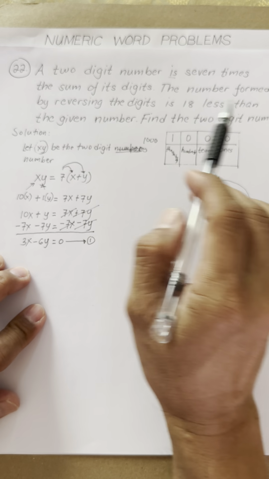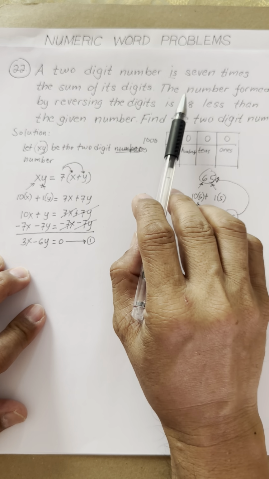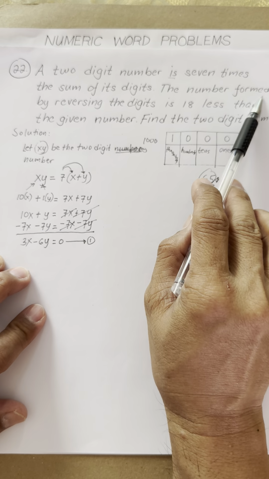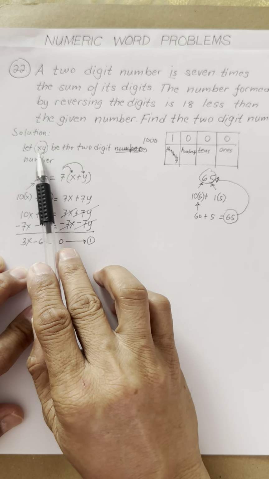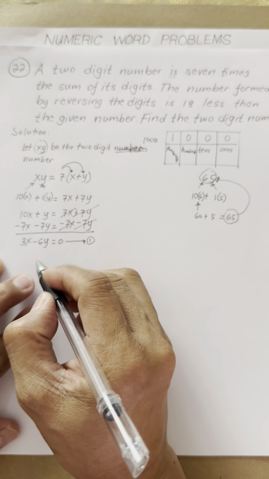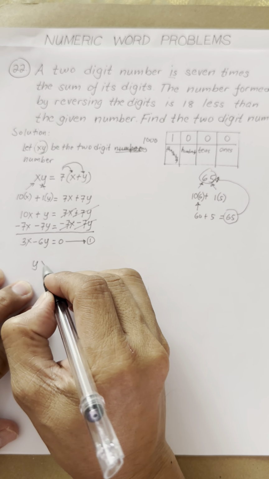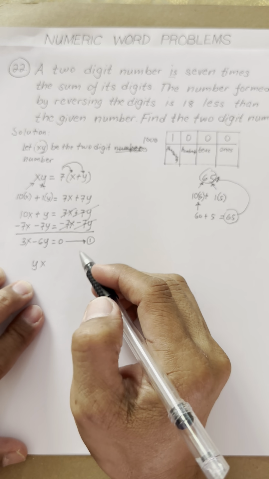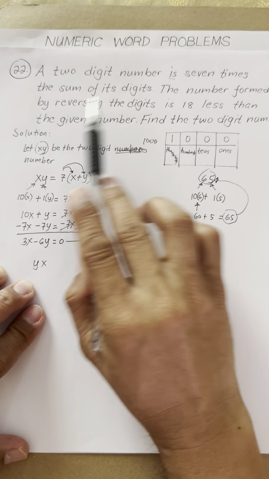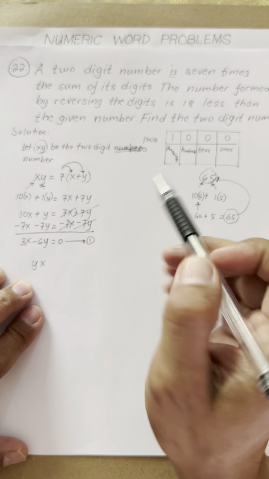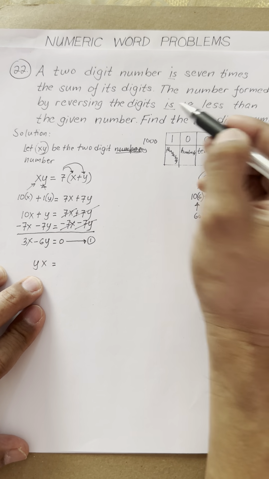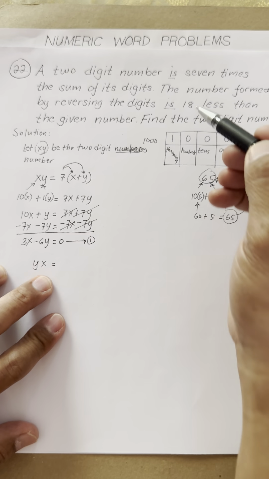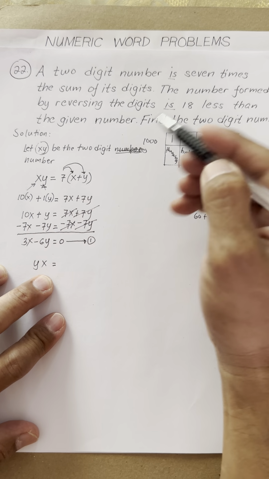Then if we read the problem further, it says that the number formed by reversing the digits. So these are the digits of our number xy. So when we reverse that one, that becomes yx. Alright, so the number formed by reversing the digits is, means equals, 18 less than the given number. What is the given number?